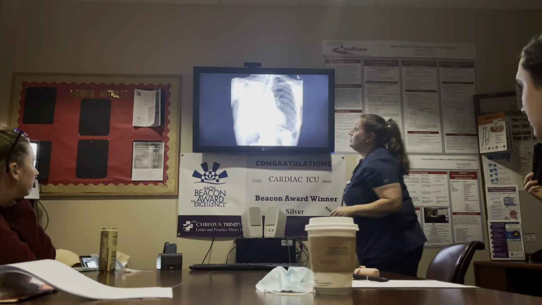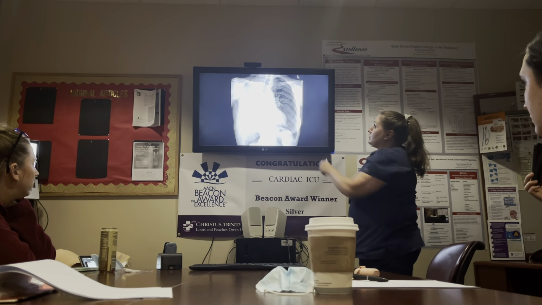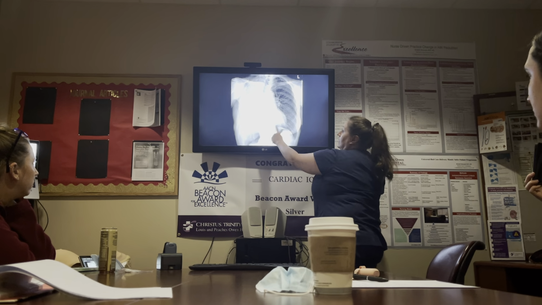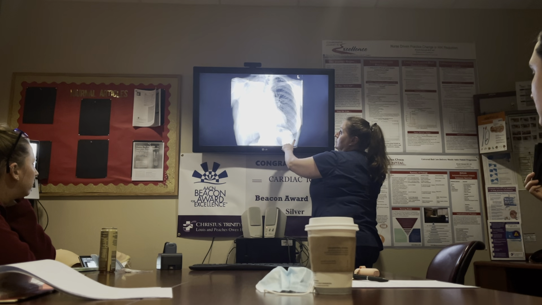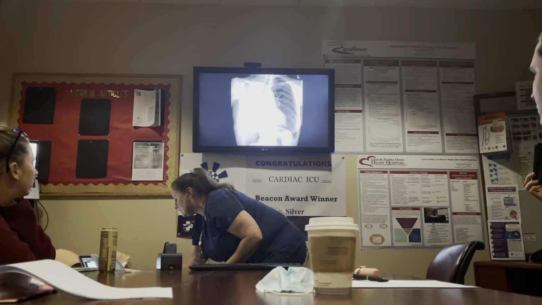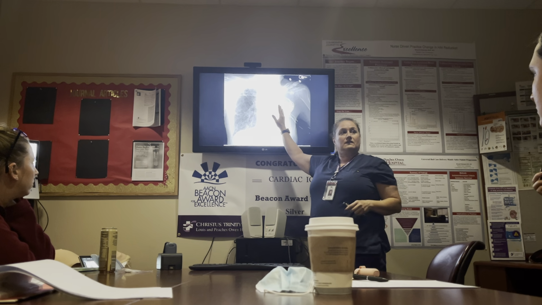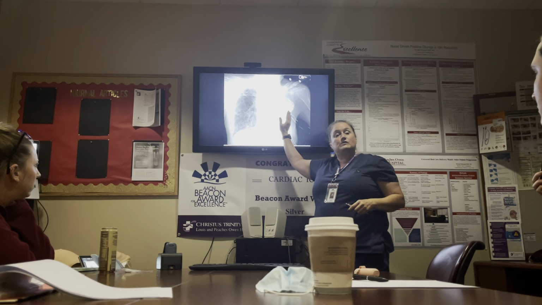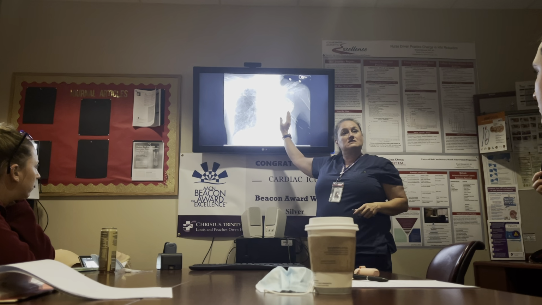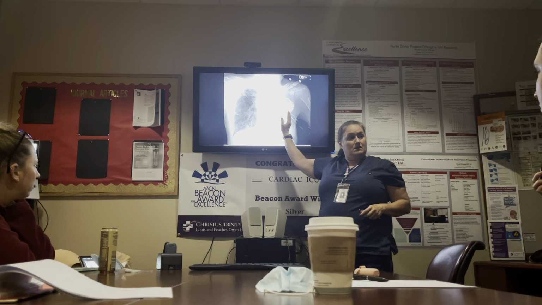Okay, when you look at this side here though, again, it's hyperexpanded, okay, diaphragms are down, and you notice on this one, the previous one, there's a shift. So they're not expanding that lung, so that is being filled up. So it's not a tension type of a picture here, okay?